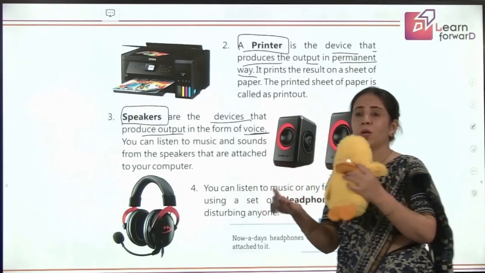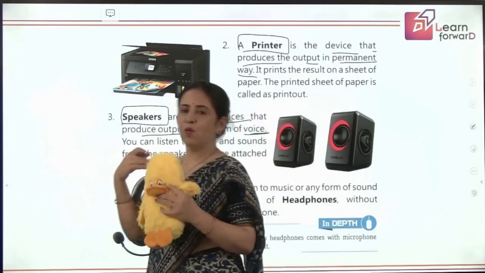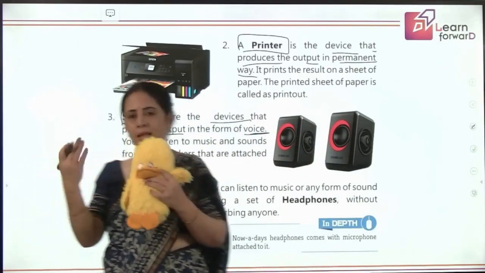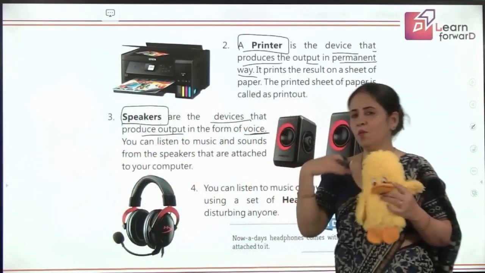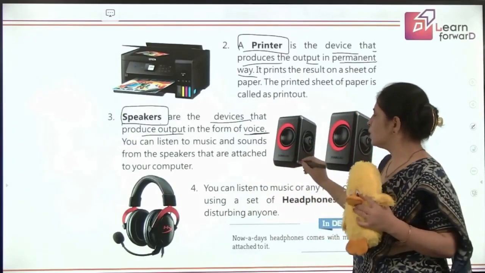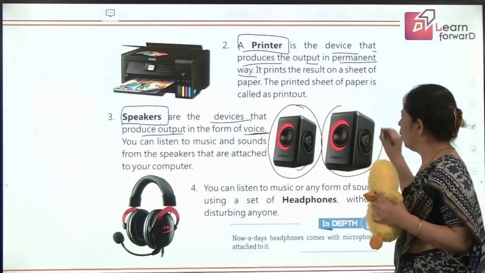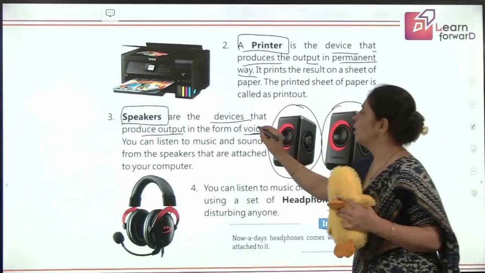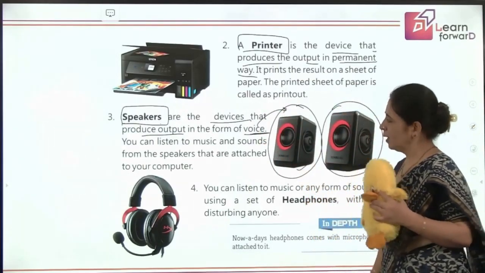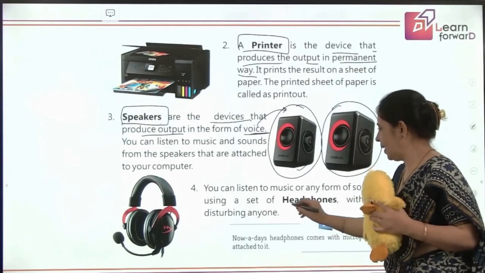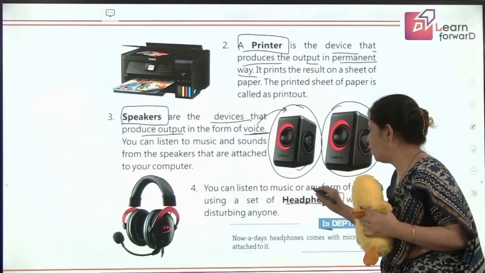Like you were using microphones to give the input and the voice notes, here we are using these speakers. This is the speaker, they are attached to your computer, which give you output in the form of voice. Correct?